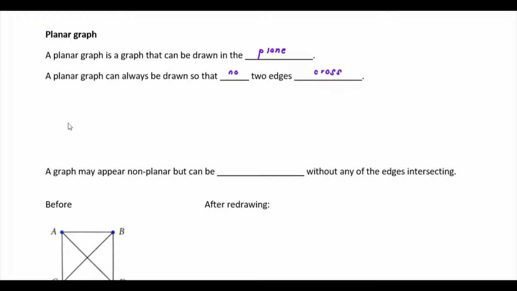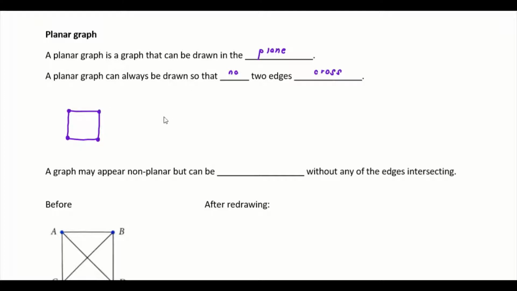Let's try a very simple example here. When we draw a graph, this is a simple graph with four edges and four vertices. So this is a planar graph. As you can see, I drew all the vertices and all the edges here on a plane. It's not a 3D shape, and none of the edges cross over each other.